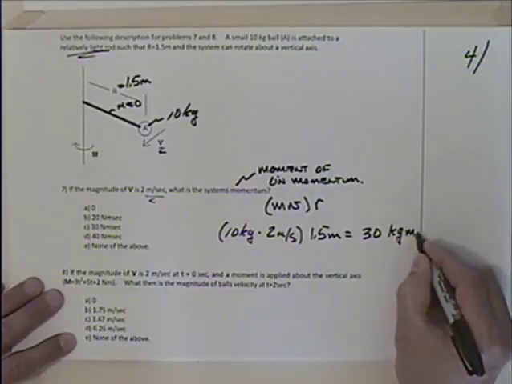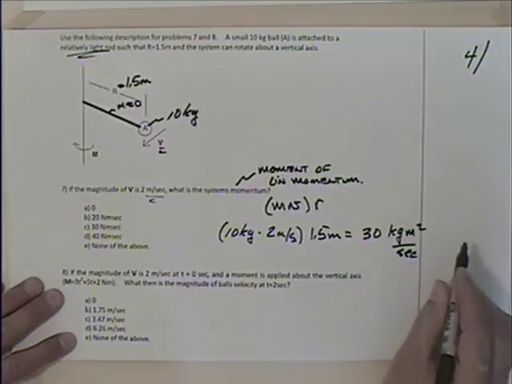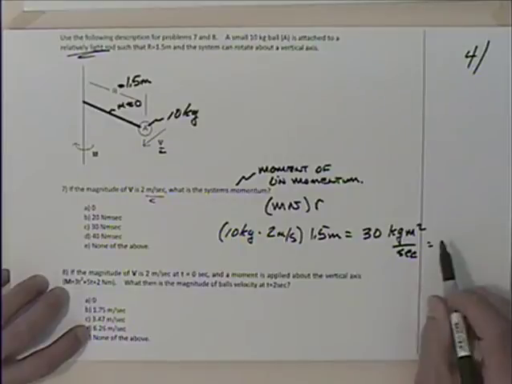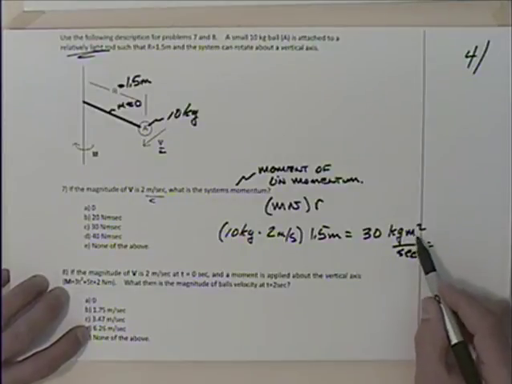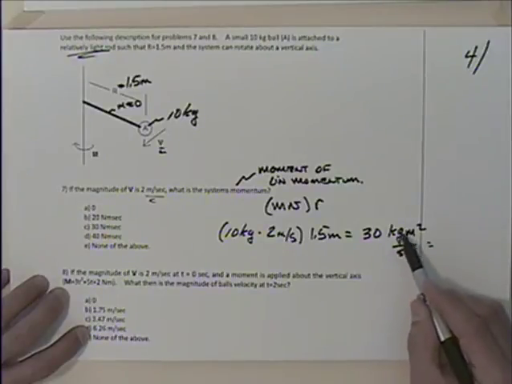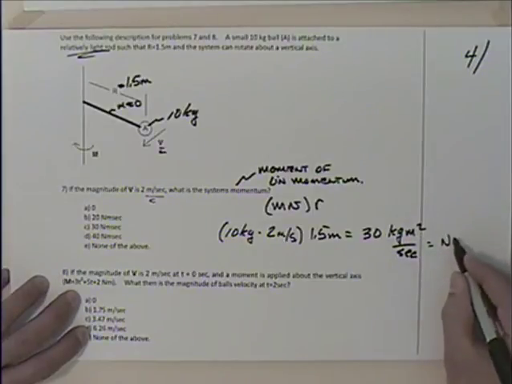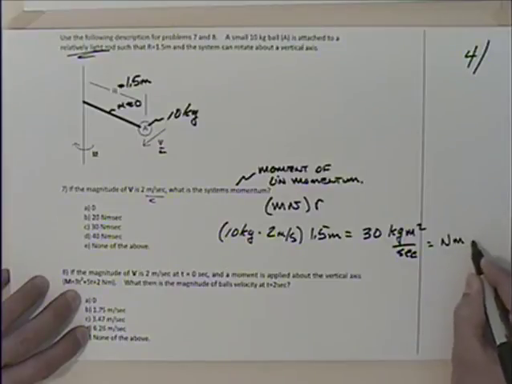Meters squared divided by seconds, right? Okay, kilogram meters squared per second. If I pulled out a kilogram and a meter, kilogram meter per second squared is a newton. So I could say that this was a newton times a meter times a second, right?